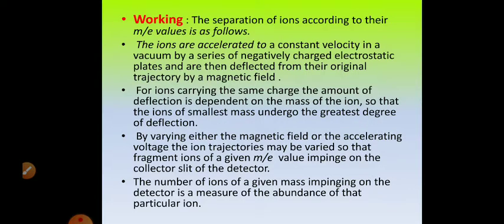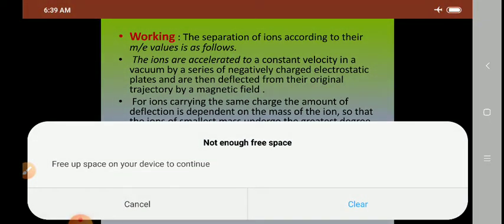How does the mass spectrometer work? The separation of ions depending upon their mass to charge ratio is as follows. The ions are first generated by bombardment with electrons.